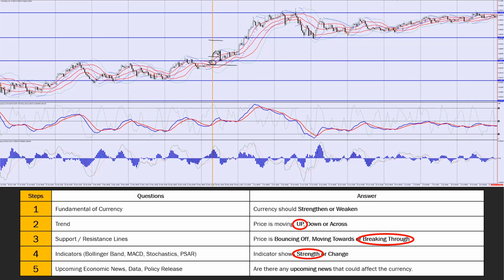You've ignored that blue arrow there, that it is outside of Bollinger Band. If you jump into a trade outside of Bollinger Band, it might continue moving up, but we're likely to see price come back. And in this case, it came back, hit the support level, and bounced back up again.